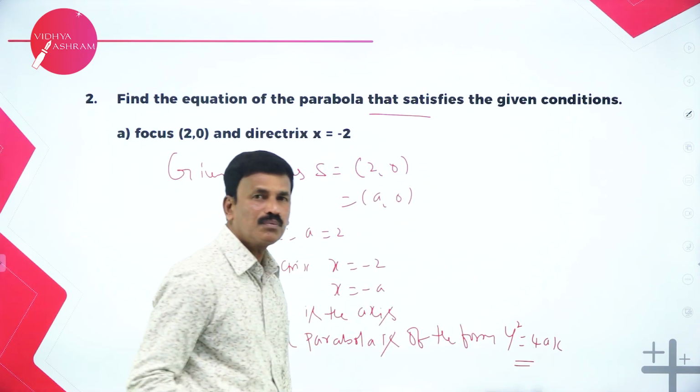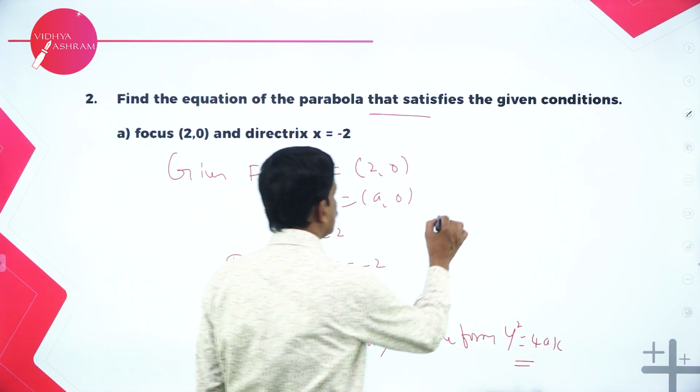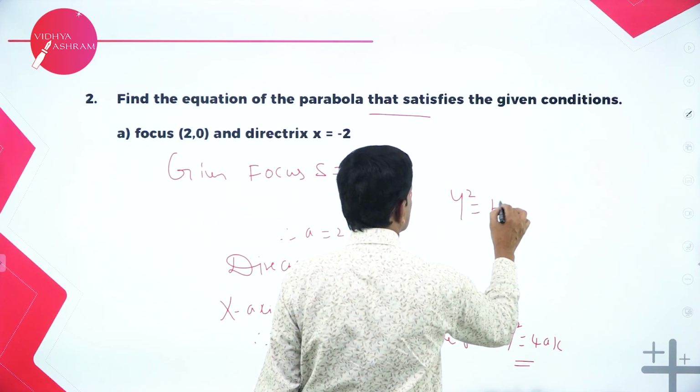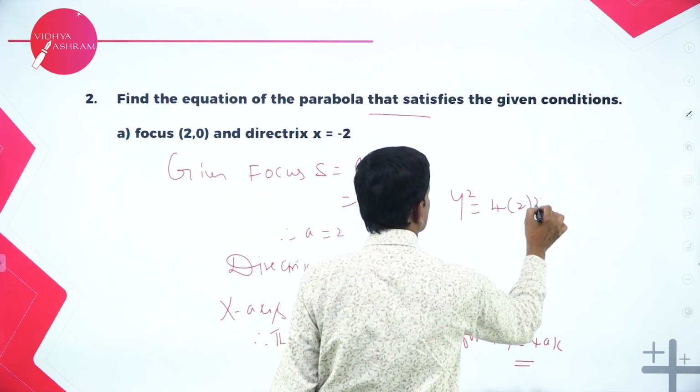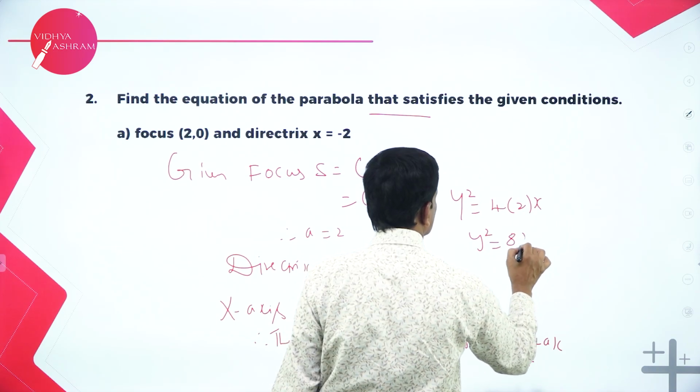So that is a parabola opening to the right side. Therefore the required equation of the curve is y square is equal to 4 into 2 into x, that is y square is equal to 8x.